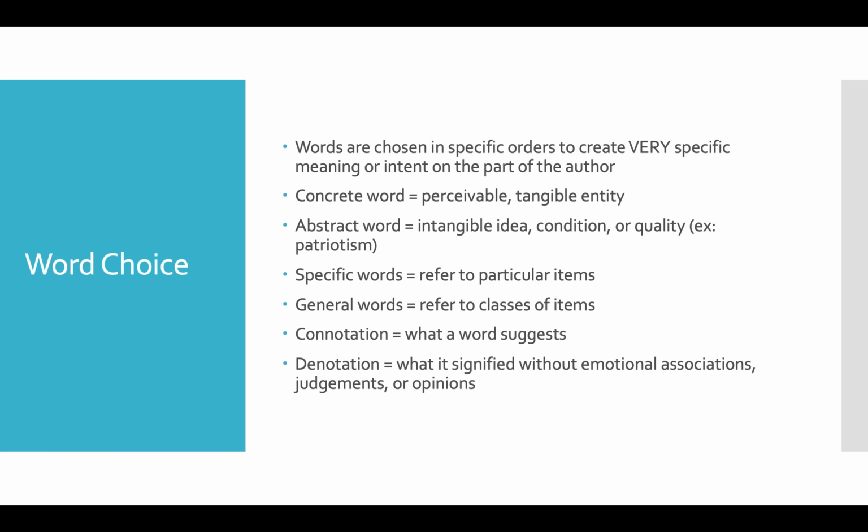So poem versus lyric poem. Connotation is what a word suggests. So it can have a particular connotation like light. He was the light of my life. Could have a specific connotation in terms of love, companionship, relationships. A denotation is what is signified without emotional associations, judgments, or opinions.